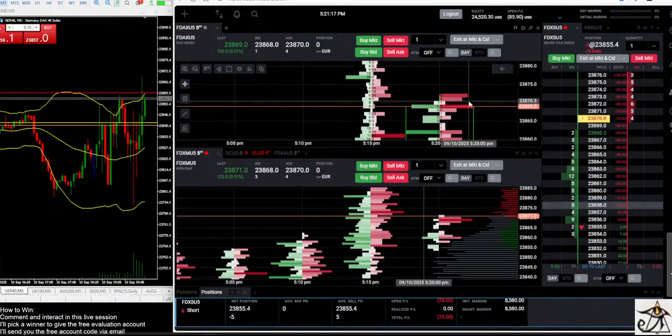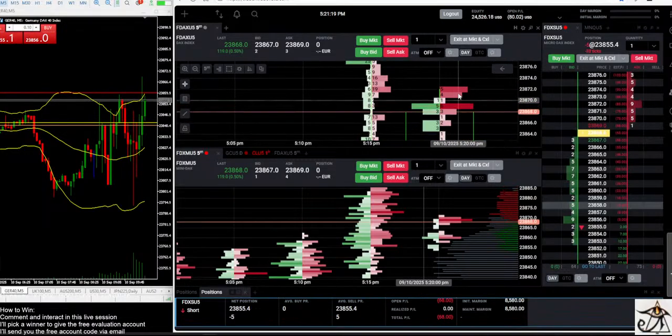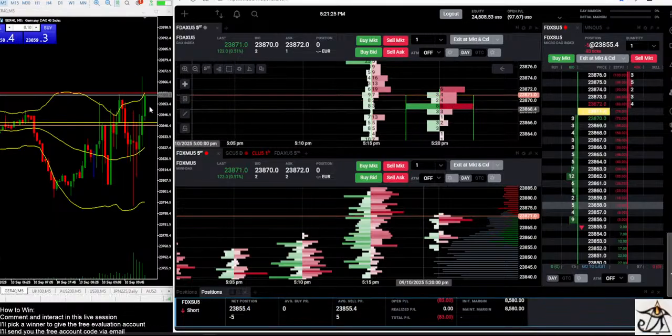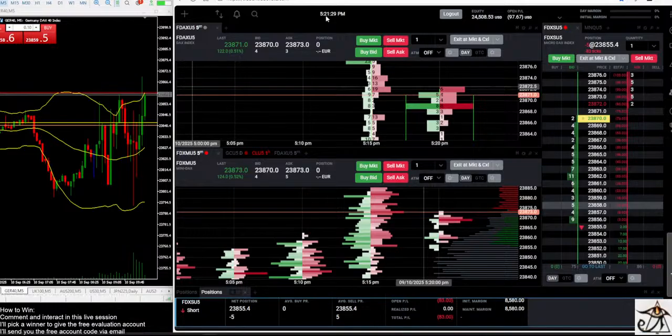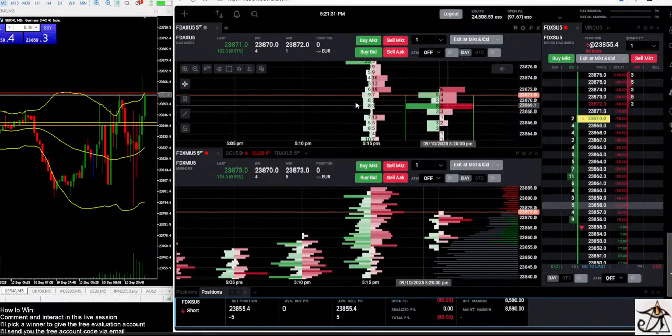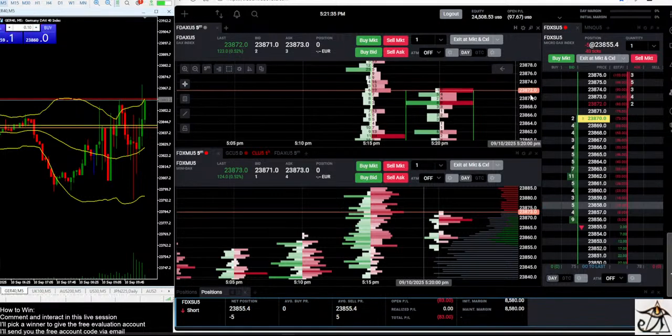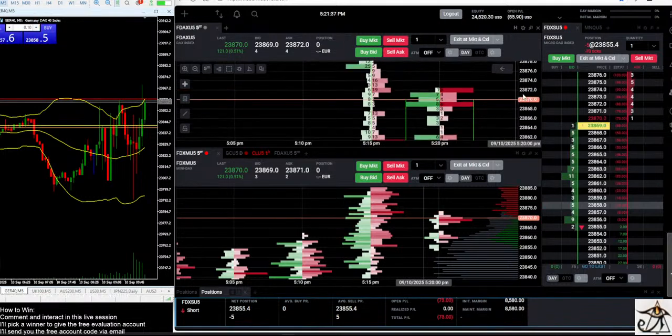This kind of looks like buying, building up a little bit, so I'm not stoked about that. So it's a 5-minute candle. We're at 521. I'm hoping this isn't the formation of a strong bullish day.